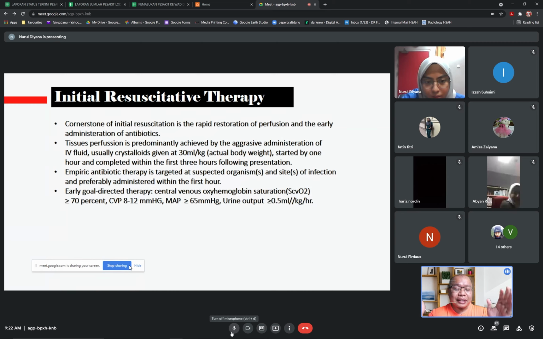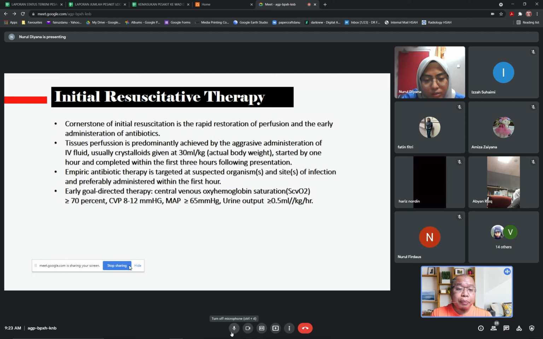So zaman sekarang ni early goal directed therapy ni is something that people talk about, tapi people dah tak mengamalkan dah lah. Tak ada dah lah sekarang awak tengok, semua patient sepsis both central line. Tak ada. And tak ada dah orang measure CVP secara rutin lah. Maksudnya measure CVP, measure SVCO2 as a marker of patient improvement ke or response to treatment.